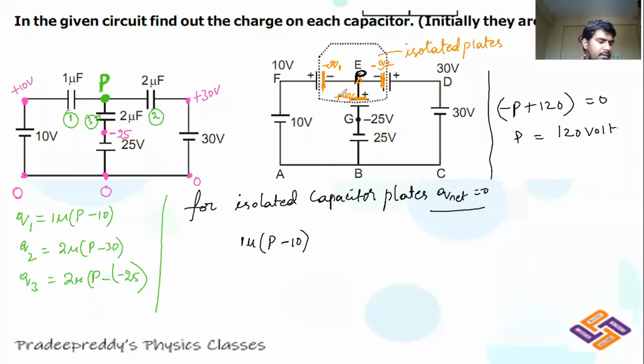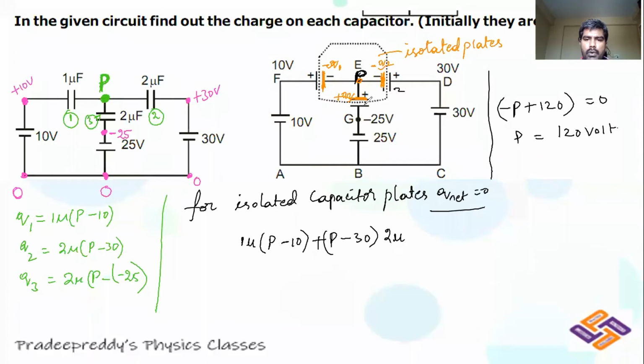So P minus 10 is the potential difference across this capacitor, plus next the potential difference here, it is P, and coming to this second capacitor, P is the greater potential I am considering, minus 30, into the capacitance over here, which will be 2 microfarad.